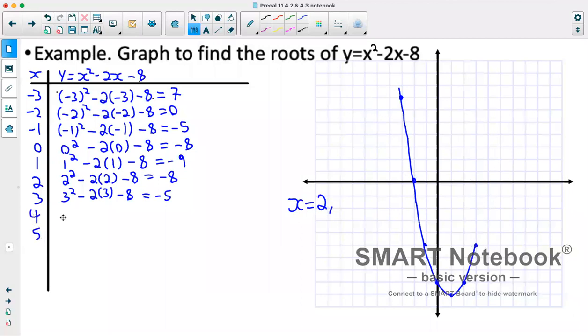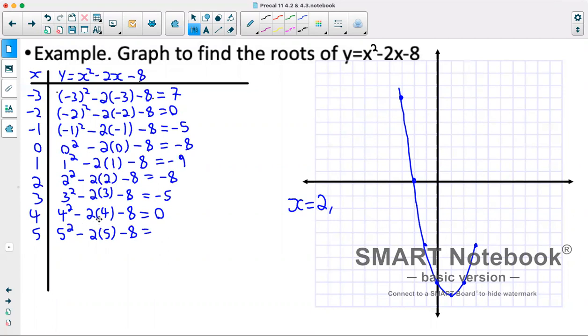So we'll do 4 and 5. We have 4 squared minus 2 times 4 minus 8. 4 squared is 16. Minus 8 is 8. Minus 8 gives us 0. We'll do one more. So 5 squared minus 2 times 5 minus 8. 5 squared is 25.